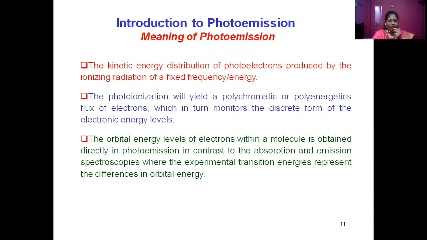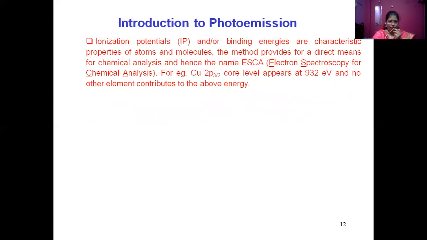The orbital energy levels of electrons within a molecule are obtained directly in photoemission, in contrast to the absorption and emission spectroscopies, where the experimental transition energies represent the differences in orbital energy.